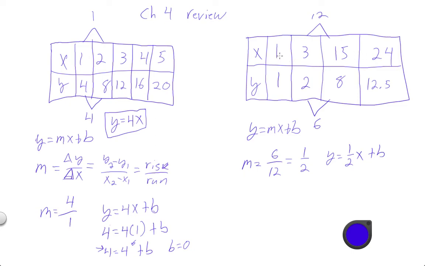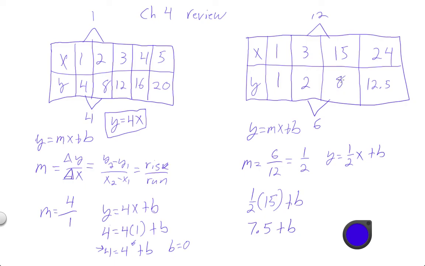It doesn't matter which one, but this time let's use 15 and 8. If we plug in 15, we have 1/2 of 15 plus b. 1/2 of 15 is 7.5, and we're supposed to be at 8.